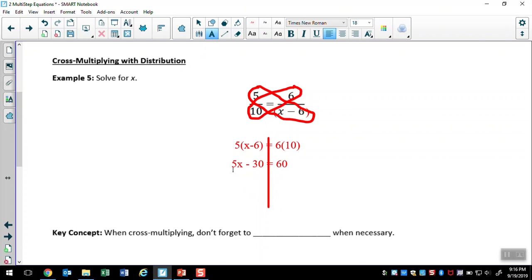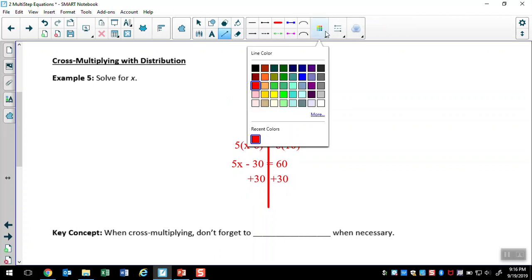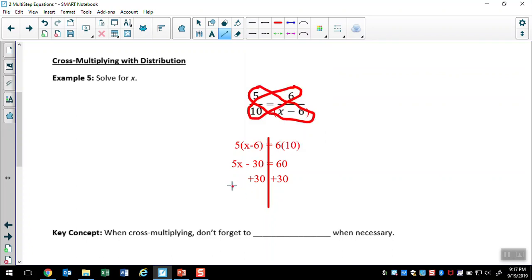So I have to isolate that x, but before I can undo that multiplication, I need to undo this subtraction. So I'm going to add 30 to this side, and then I'm going to add 30 to this side. All right, so now I tend to like to draw lines after I do a step.